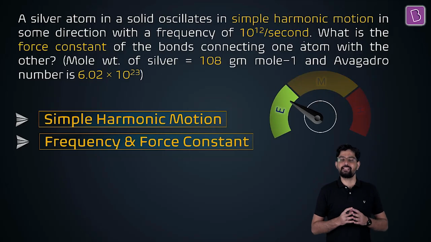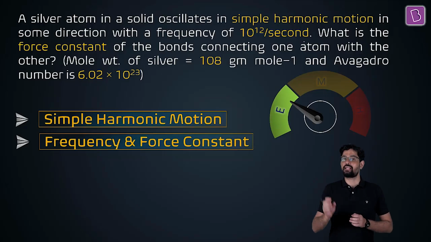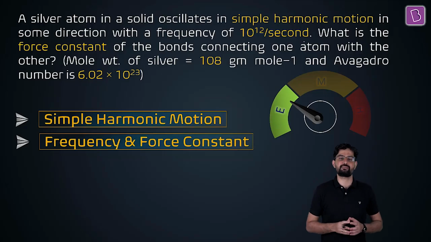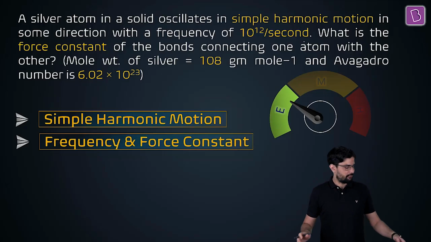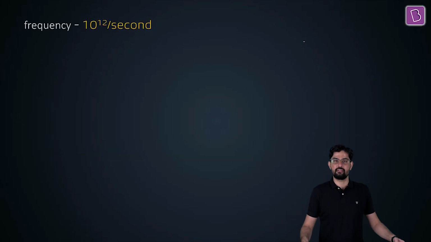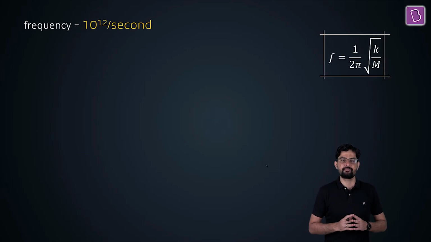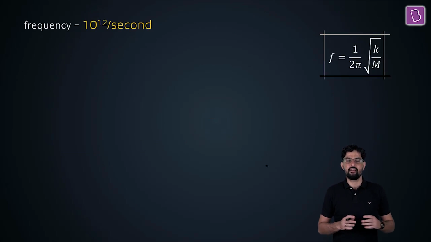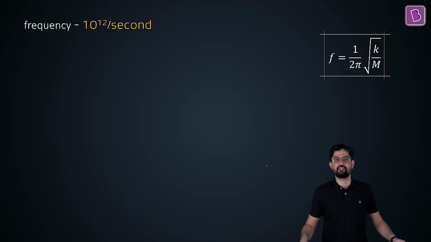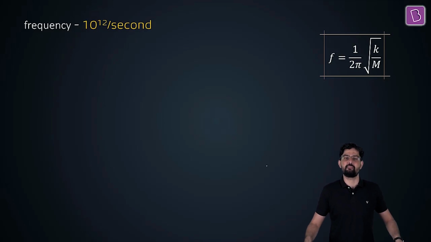Now recall the case when the block of mass m is connected to an ideal spring of spring constant k. In that case, the frequency of oscillation turns out to be 1 upon 2 pi under root k by m, right? Well, this case is no different. The place of an ideal spring is taken by the bonds.